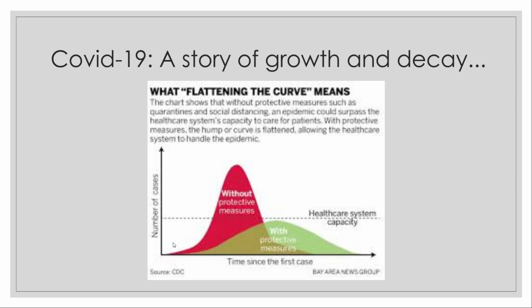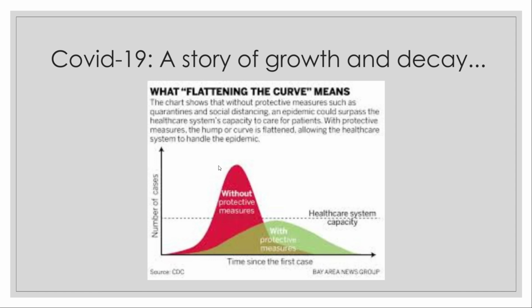And the idea of that is that we're trying to basically keep a certain amount of people from getting infected so that our hospitals don't become too full. If you are able to slow down how fast people are getting infected, you're able to spread this out over time.